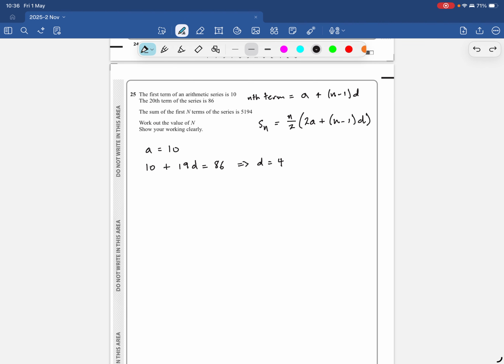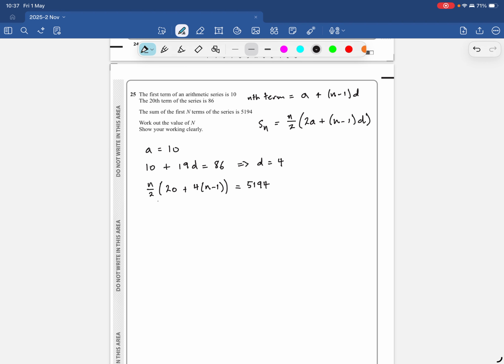So let's fill in what we can do here. We've got n, we don't know what it is, over 2, times 2a, we already know is 20, plus n minus 1, and then d is 4, so I can say at this point 4 times n minus 1, and this is equal to 5194.